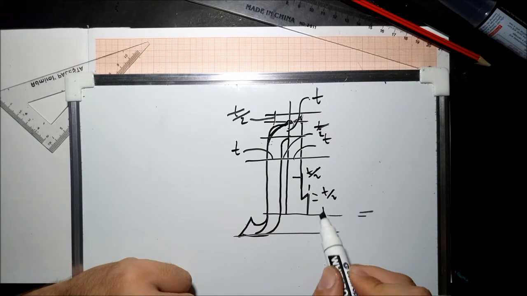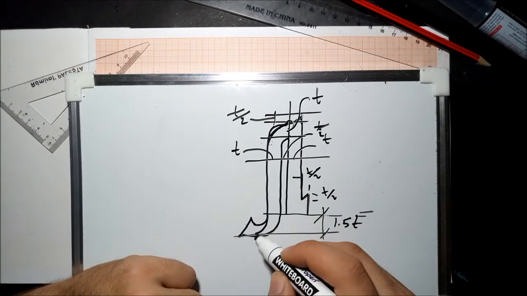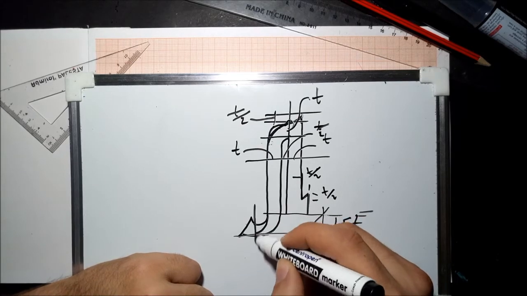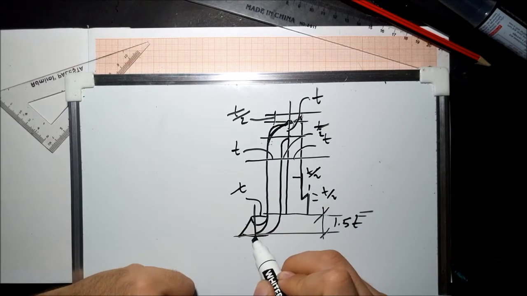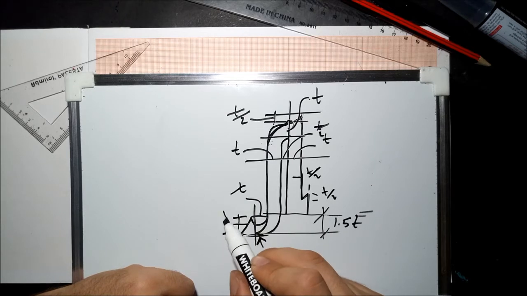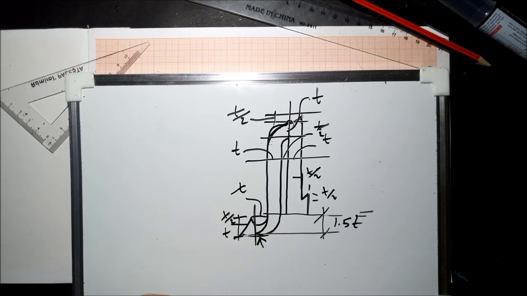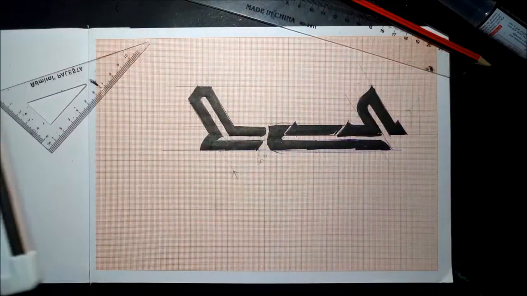Down here, you take the maximum drop, 1.5 t, and in the raw we've taken this to be t, the end at which this part will end, and this we all know how to create, t and t over 2. This is how you write a ya.